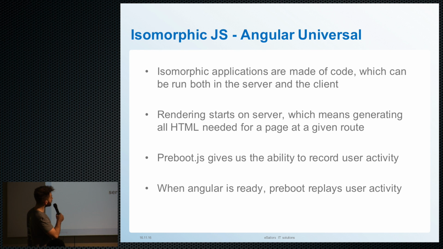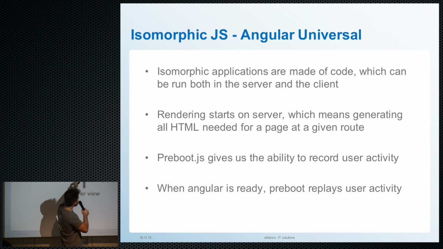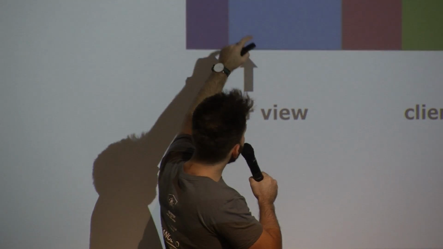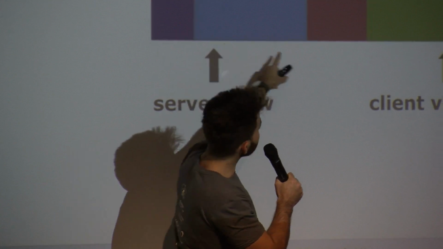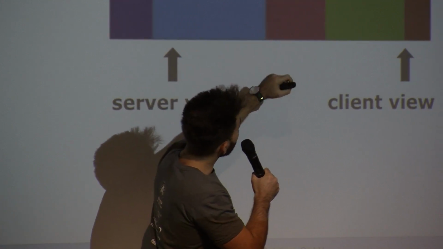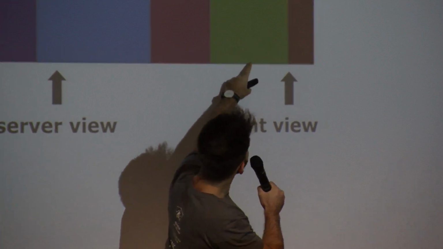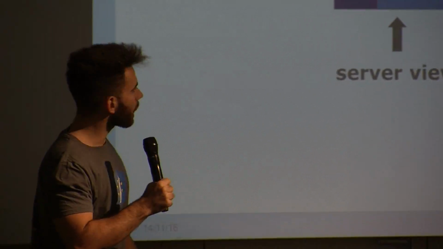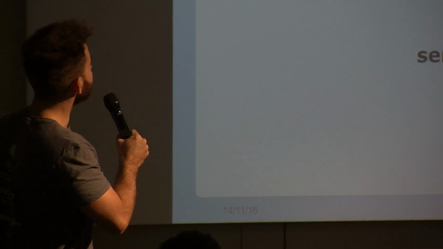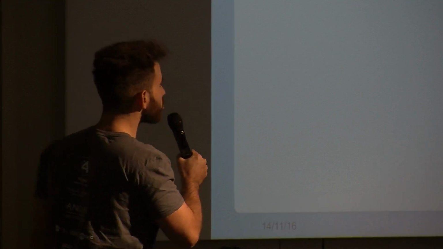And how is this done? The server-side template is loaded. Pre-boot comes along as inline JavaScript, and it starts recording the user activity. As soon as the client view is ready, it silently replays the user activity. So this is the way that Angular Universal wants to solve this issue.